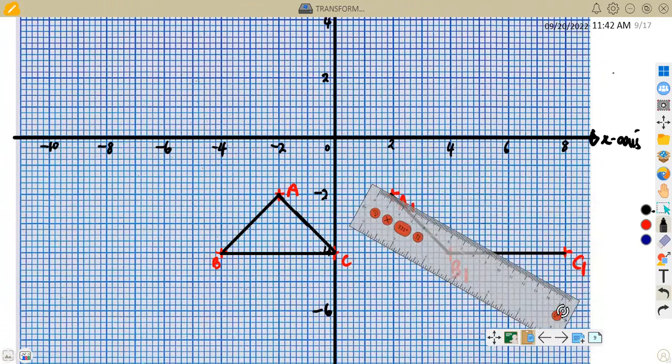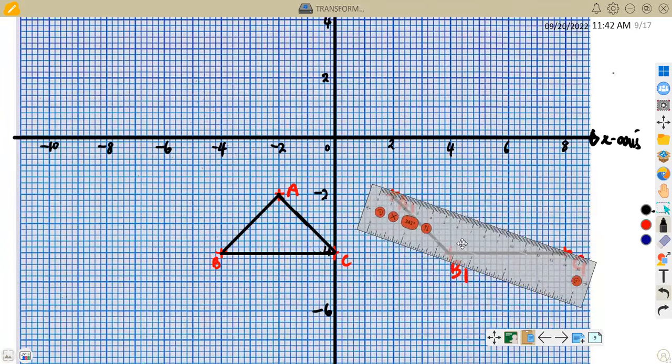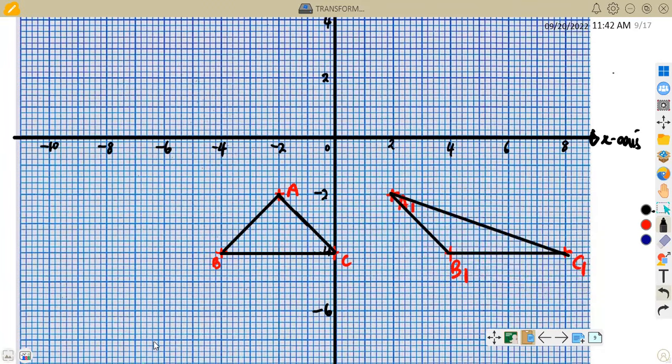So this is what you're going to do. Join those points and you've got your image. Just like a normal transformation, but let us cross-check what is happening. From A1 to B1, that side has not changed. It's the only side that changed, or if you cross-check this one from A1 to C1.